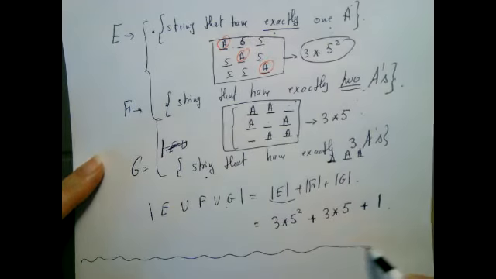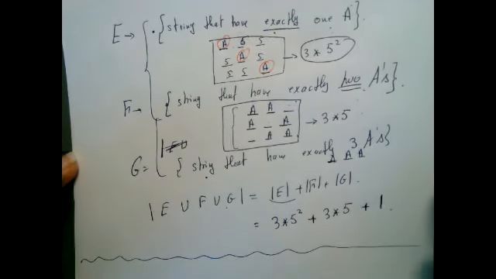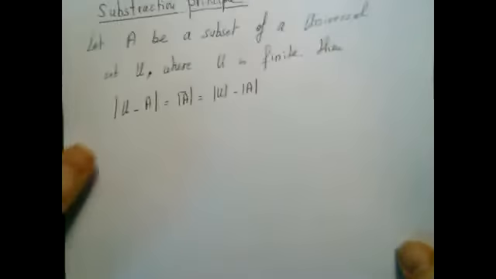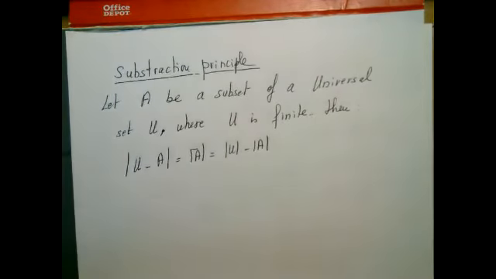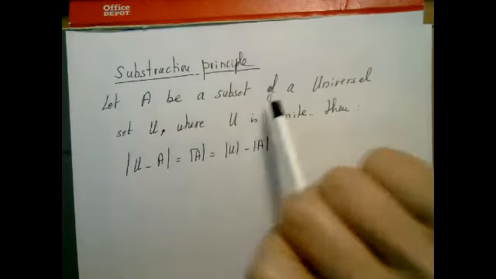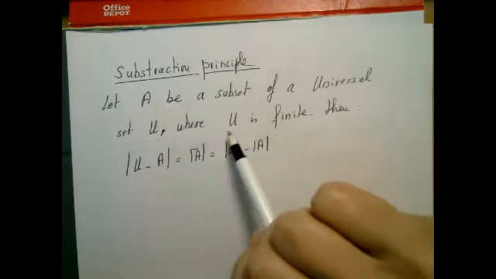But before I do this problem in another way, I want to introduce the last principle, which is called the subtraction principle. And this principle basically tells me that sometimes, okay, let me state it. And once I state it, I will go back to this problem and do it in a different way. What does the subtraction principle tell me? It's again intuitive in terms of sets. Subtraction principle. Suppose A is a subset of a universal set U, where U is finite.